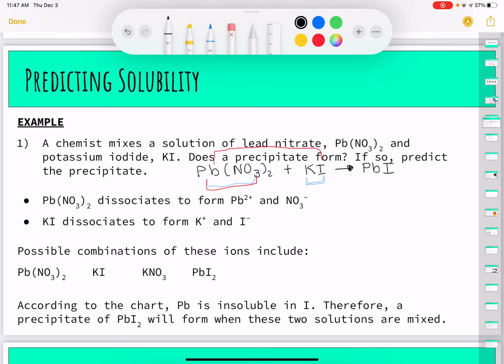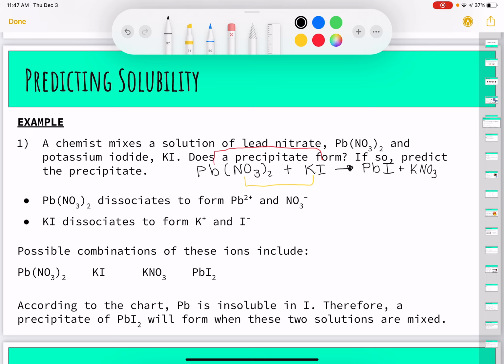Okay, so that means that if lead goes with iodine, nitrate is going to have to go with potassium. We always write the positive one first and the negative ion second. Okay. So now we've got PbI and KNO3.